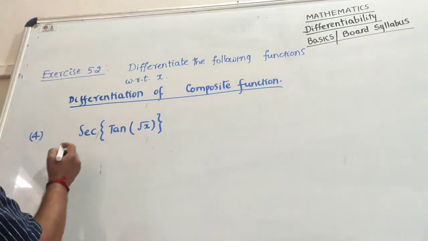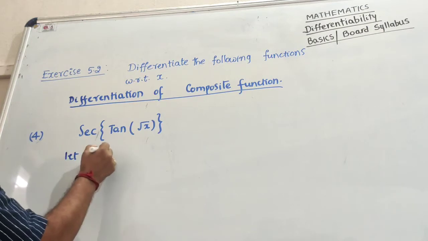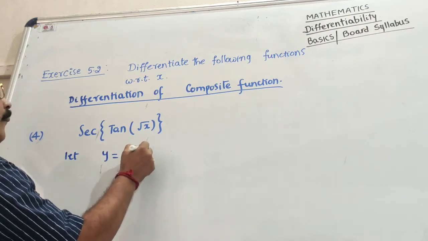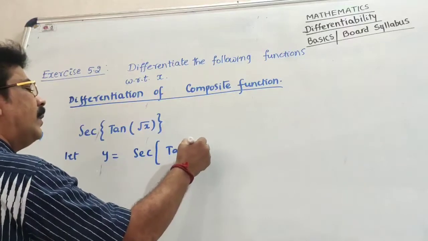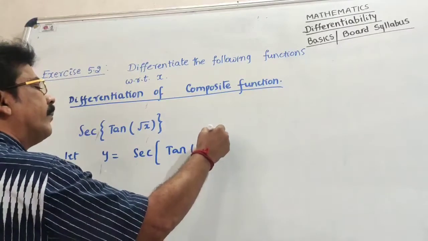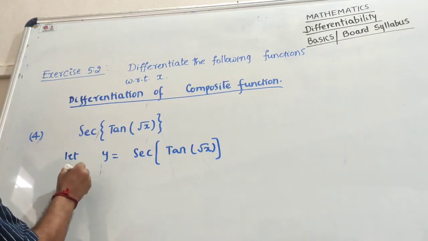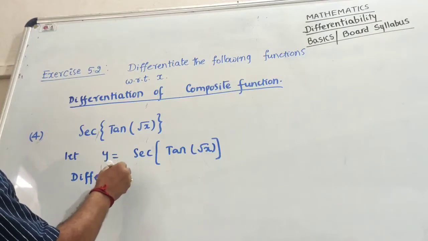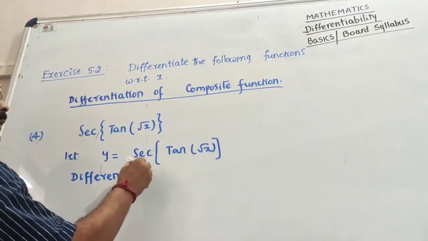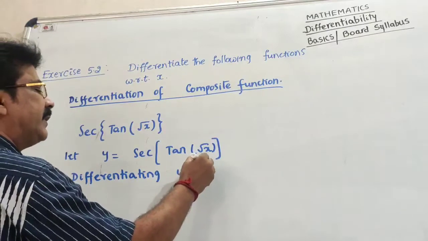Okay, second problem, secant of tan of root x. Let y equal to secant of tan of root x. Same, differentiating with respect to x on both sides.